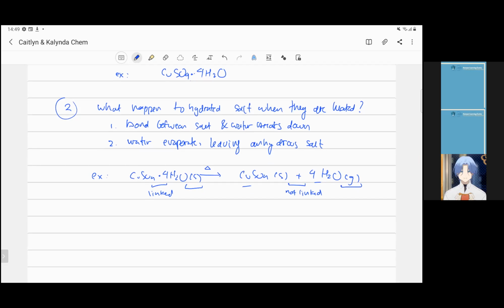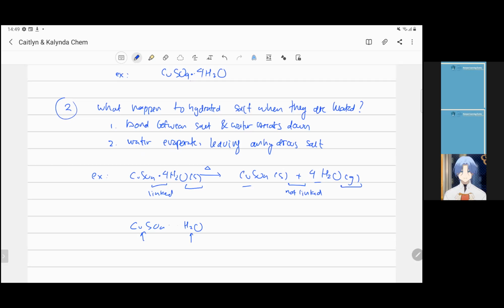So what happens? There are two things that happen. The first, breaking of the bond. Why is that the bond that's broken? Because this bond is the weakest of the three types of bond. We have the bond between copper and sulfate, which is the strongest one. We have the bond within water, which is the second strongest.